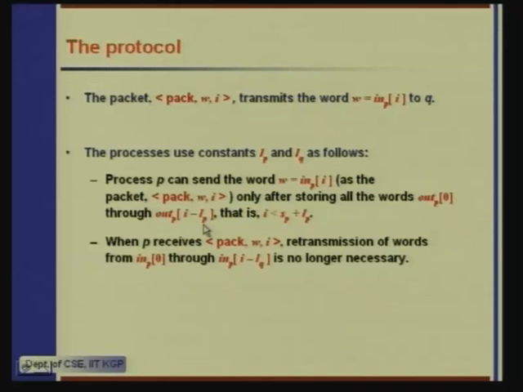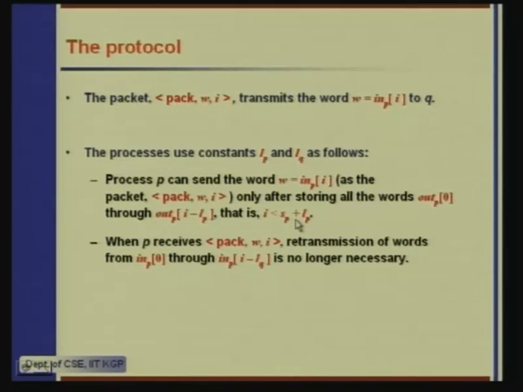Suppose LP is 5, then we say that you can send the word in pi provided that you have received all words from out p 0 through out p i minus 5. Okay. Then you are going to allow the sending of this word. So, that means that i is less than SP plus LP.